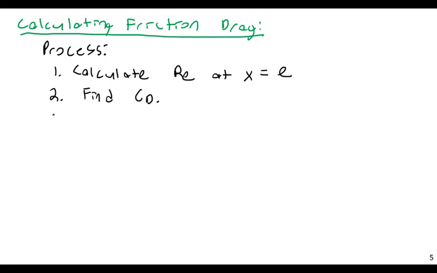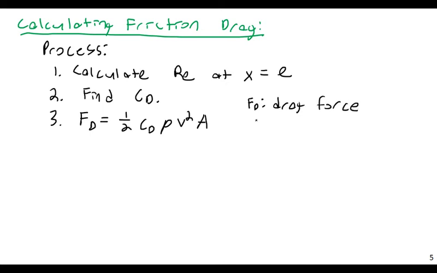And as you may recall from physics class, or from some other class previously, the drag force is going to be equal to 1/2 times CD, the drag coefficient, times rho, the density of the fluid, times the velocity squared, times A. So again, let's go through these, where FD is the drag force. CD is the drag coefficient.